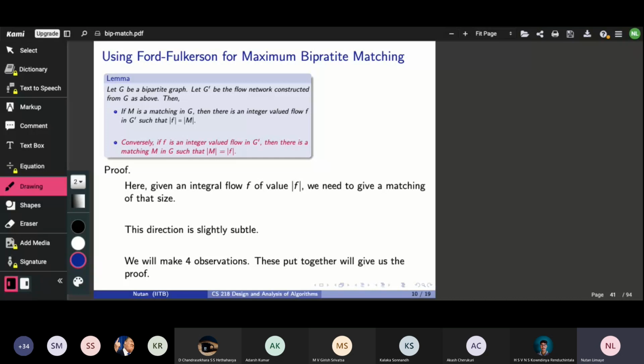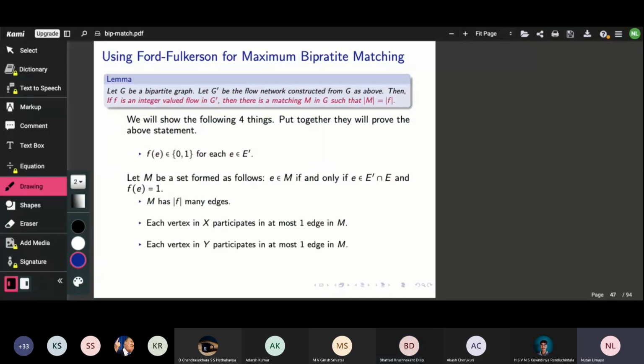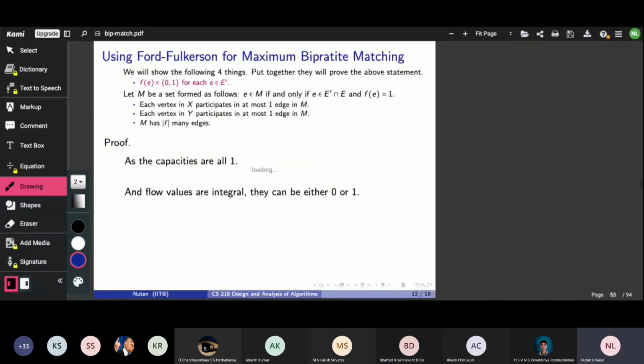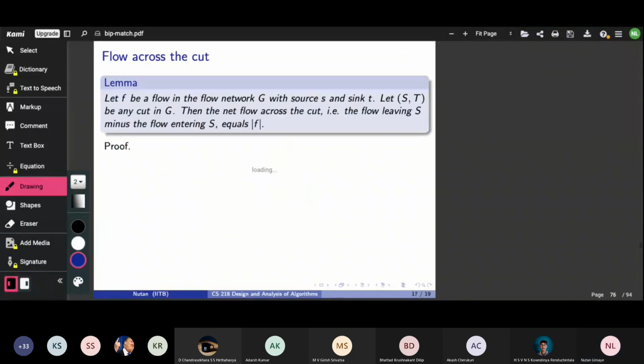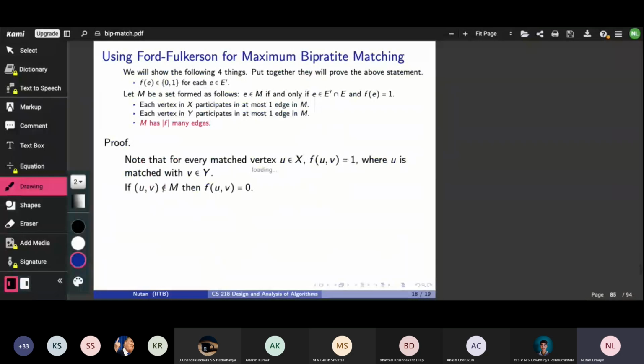Ma'am? Yeah, please go ahead. Why was F entering S equal to mod M? Right. So the question is about, let me go to the slide where I wrote it down.